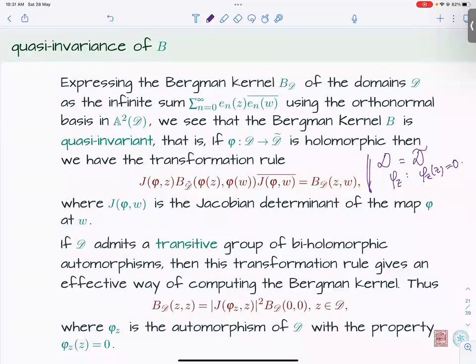So then what you can do is put z equal to w.